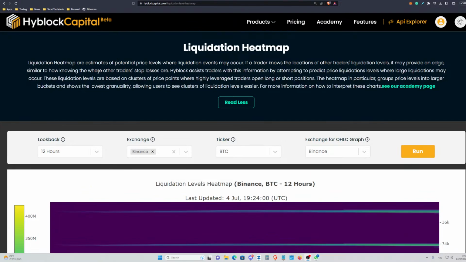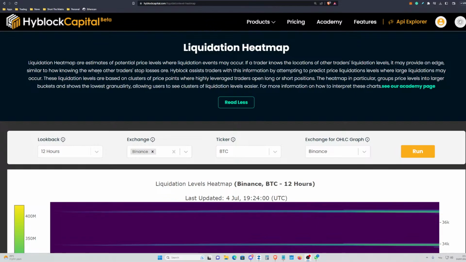And in today's session, of course, with helping you getting out of the metrics, we will discuss and have a full tutorial about Hyblock Capital's liquidation heatmap. We will discuss what this heatmap is all about, how we can use it, and how it can provide an edge for us as traders in the cryptocurrency market, especially in Bitcoin and Ethereum.